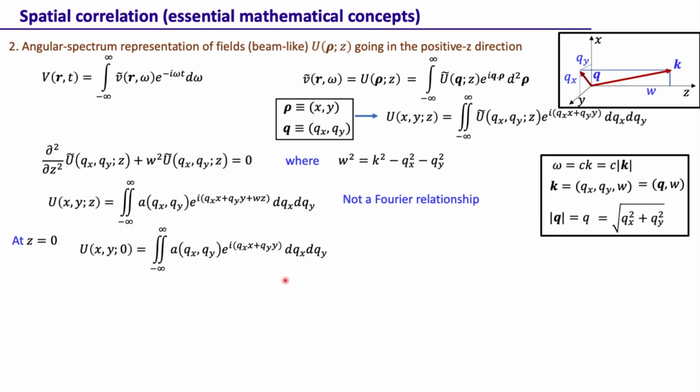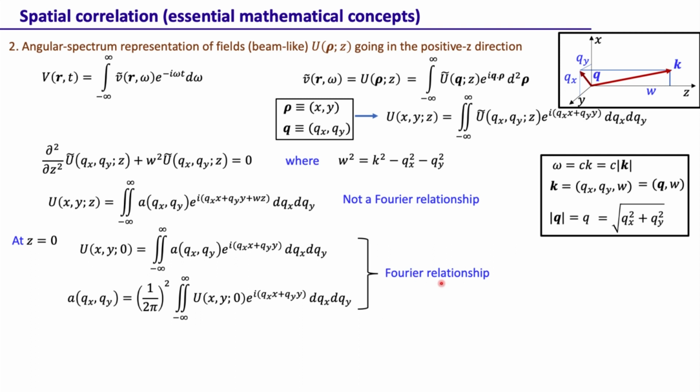So this is just a very nice two-dimensional Fourier transform. And if we invert it, then we can write A as a Fourier transform of u of x, y, 0. So these two are Fourier transforms, and u of x, y, 0 and A of qx, qy form a Fourier relationship. Just like time and frequency form a Fourier relationship, this two-dimensional space coordinate and this two-dimensional spatial frequency vector form a Fourier pair.